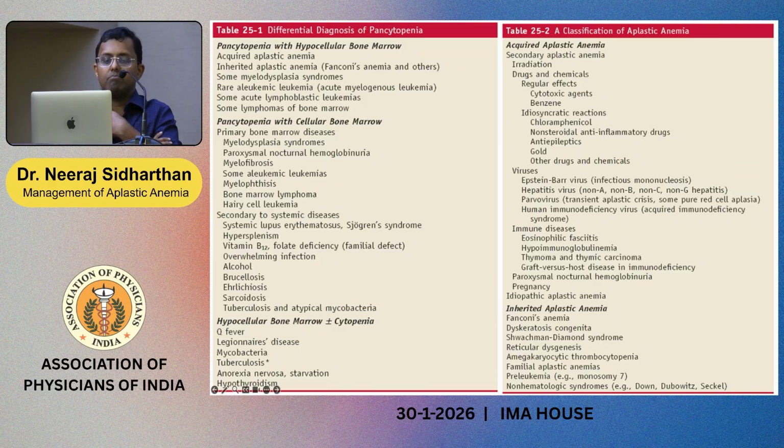So, and then we come to aplastic anemia, and how does aplastic anemia occur? And a lot of implicated agents are there in aplastic anemia.